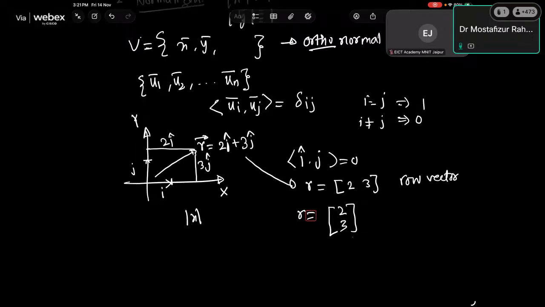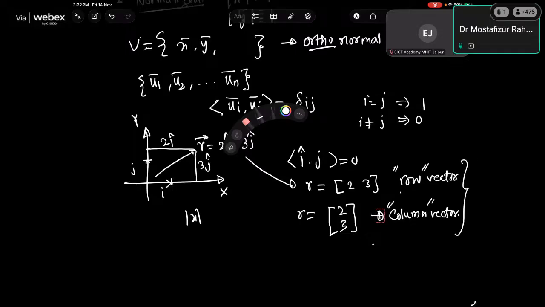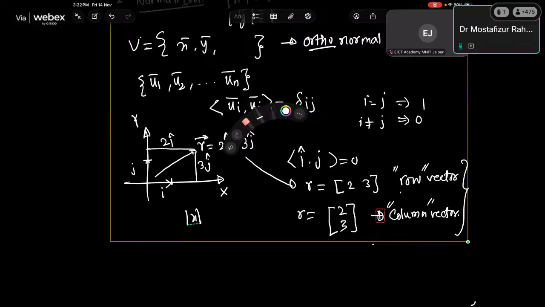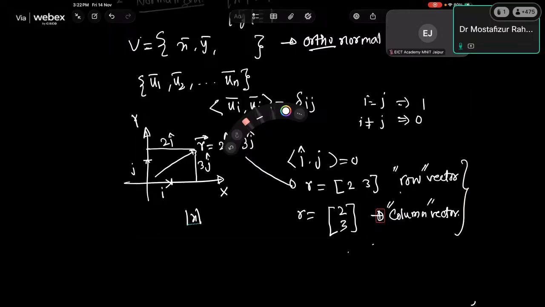in this downward position way, and actually it is a column vector. So basically it's like a column. Row and column are easier to define from the matrix, I'll come to that later, but for now this is just a representation of a vector as 2 and 3.